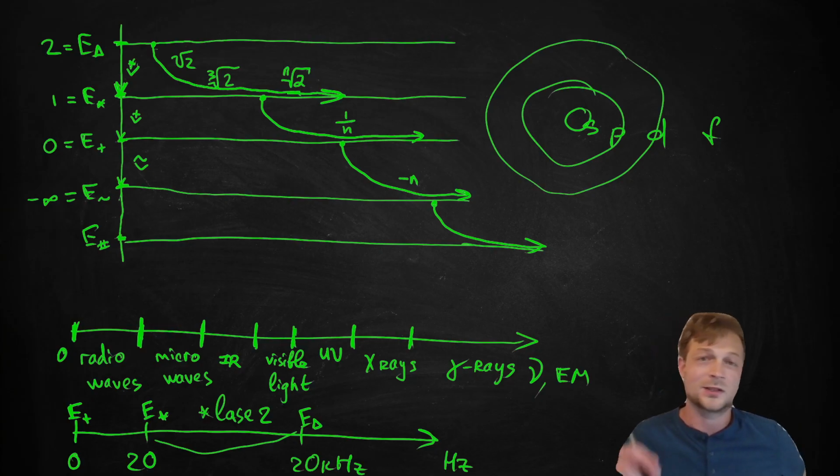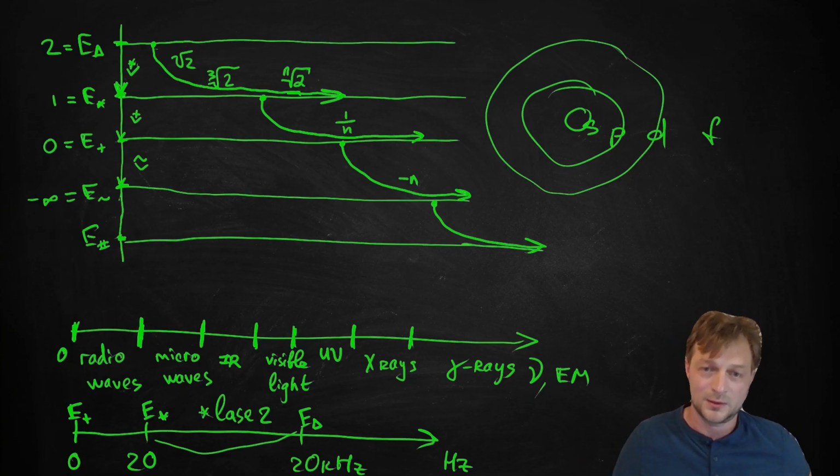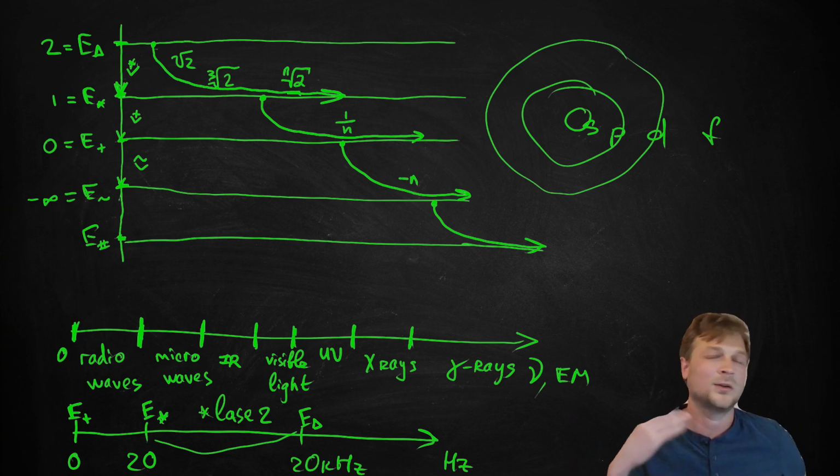And next section will be about how to ensure that all these values, if you see, I say that E star is 20 and E triangle is 20 kilohertz. When we talk about atmosphere layers, the numbers will be just kind of arbitrary.